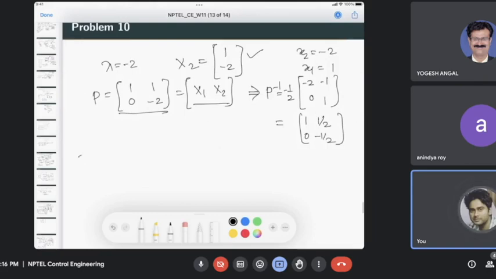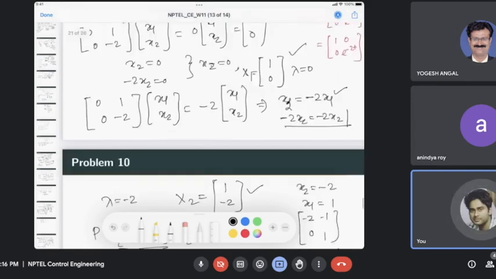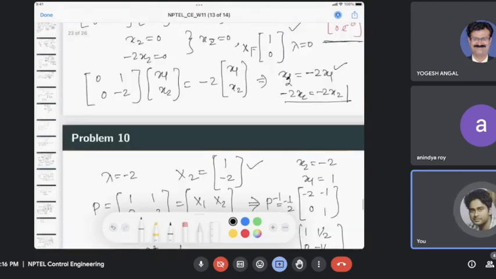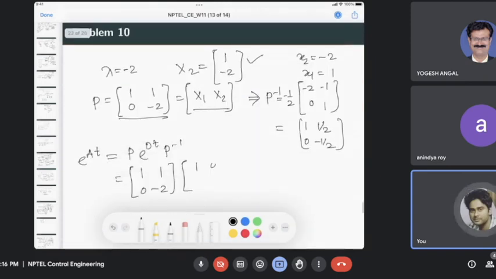Then e to the power At, that is the matrix exponential of the original matrix, is simply P e to the power Dt P inverse. That is 1, 1, 0, minus 2, and e to the power Dt we have computed for the diagonal matrix, so 1, 0, 0, e to the power minus 2t, then 1, half, 0, minus half.